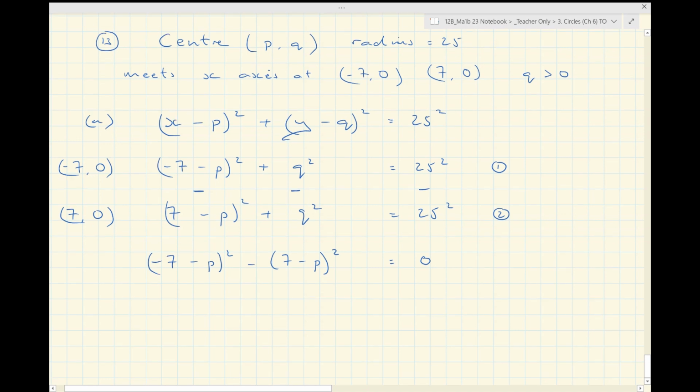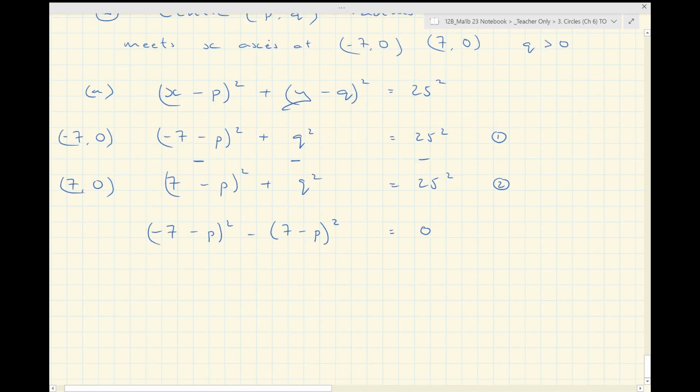So that means that minus 7 minus p squared equals 7 minus p squared. By inspection, I can see that p will have to be 0. But if you wanted to, you could multiply out both left and right, do the same to both sides, and you'd end up with p equals 0. So p is 0.